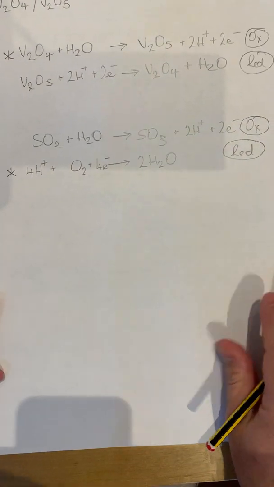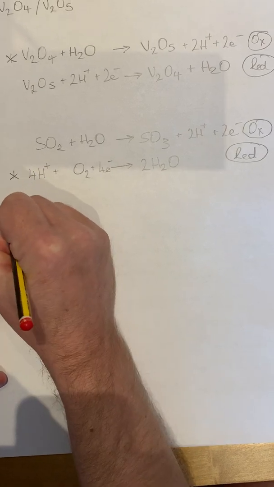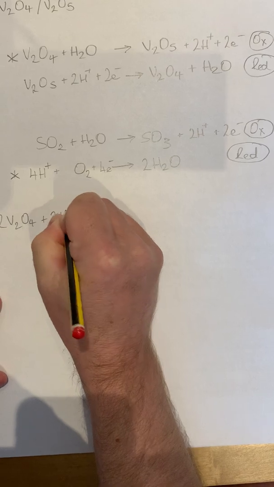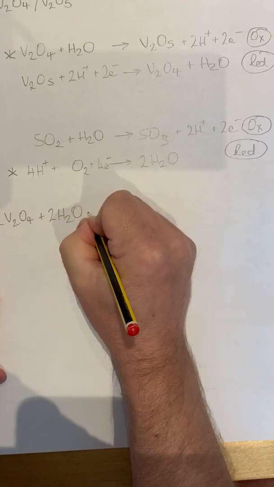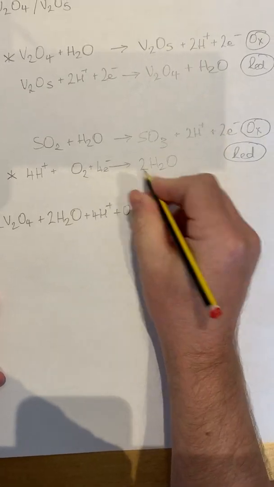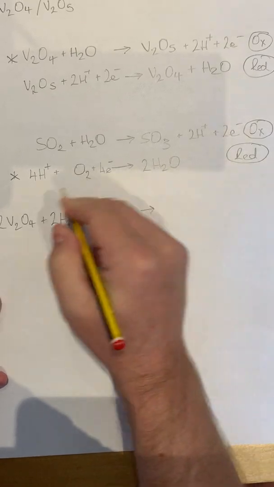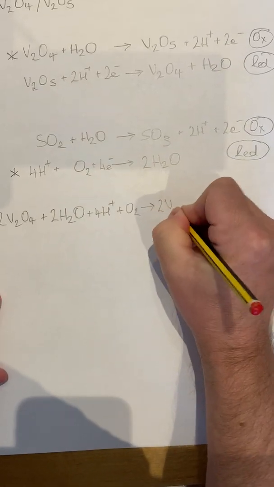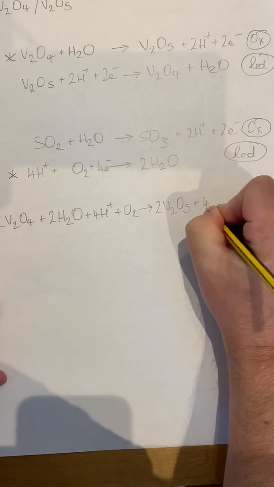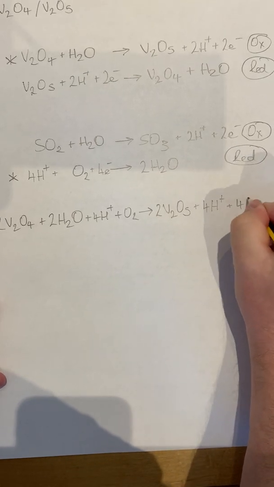So I would have 2 lots of V2O4 plus 2 H2O plus 4H plus O2. I won't bother writing the electrons down, and that forms 2 lots of V2O5 plus 4H plus, plus 4H2O.